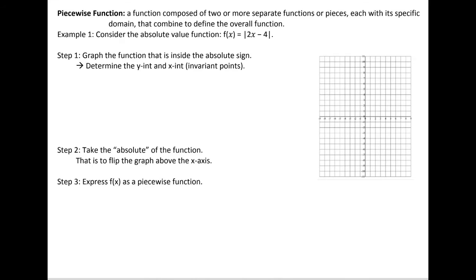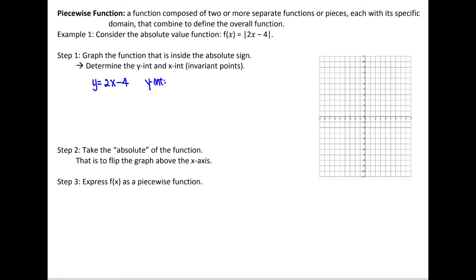Example 1. First, we have the graph y equals absolute of 2x minus 4. Then we're going to rewrite it as a piecewise function. Step 1. We have to graph the function that is inside the absolute sign first, which is y equals 2x minus 4. In order to graph this line, we're going to identify the y-intercept and x-intercept.